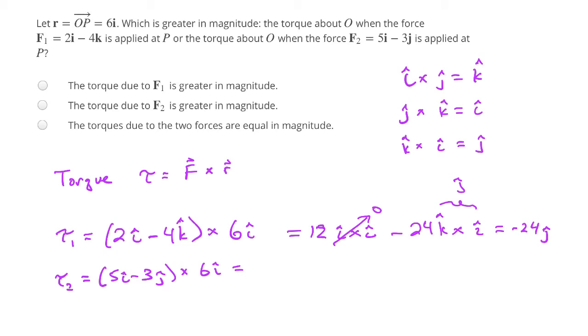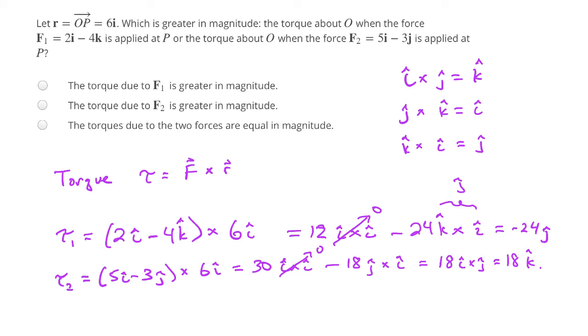We distribute again, so we have a 30 of i cross i, but that's going to be 0, and then a minus 18 for our j cross i. For our j cross i, remember that if we switch the order, it gives us a negative, so this becomes a plus 18 i cross j, which is a plus 18k.